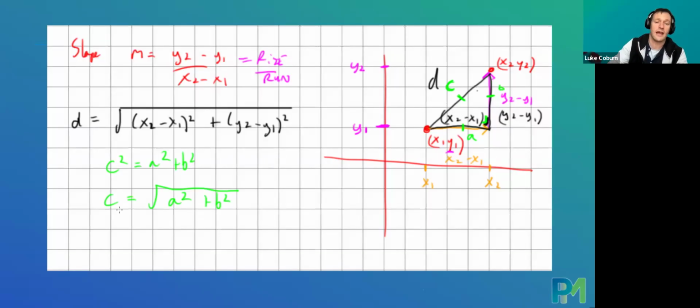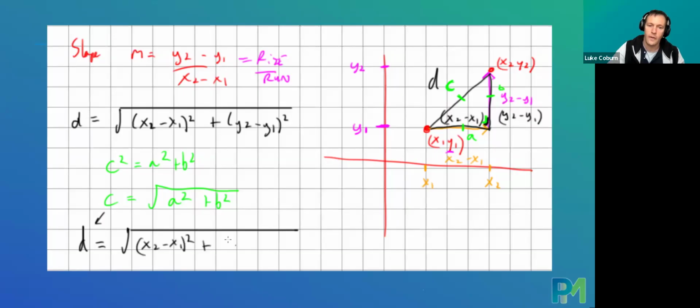So D, now for distance, is going to be equal to a big square root of A squared plus B squared. But A is x2 minus x1 squared, plus y2 minus y1 squared.